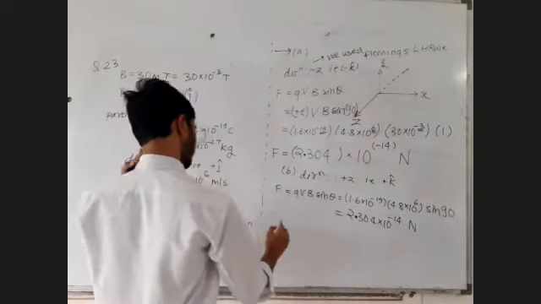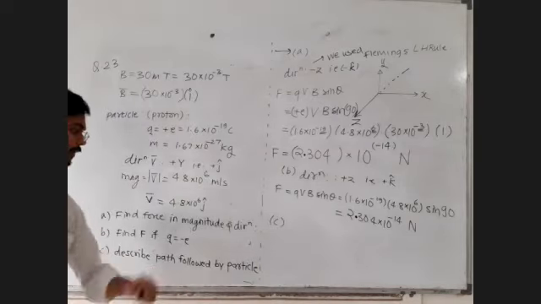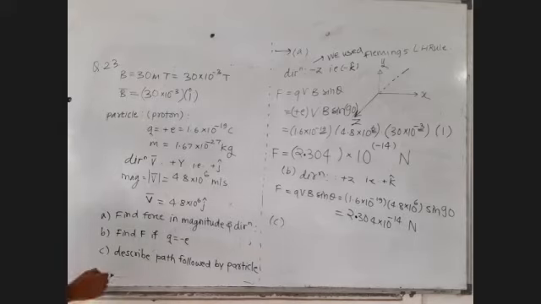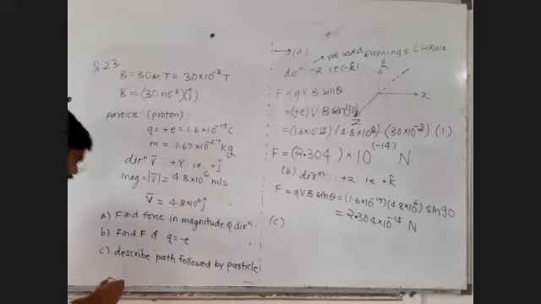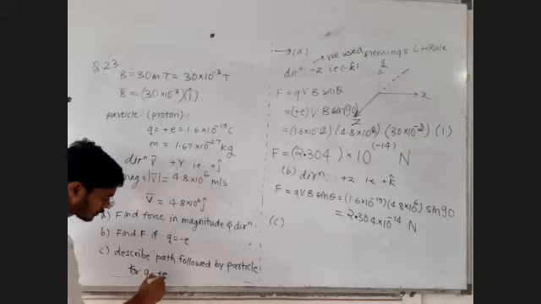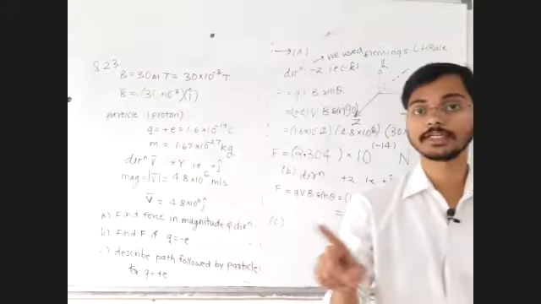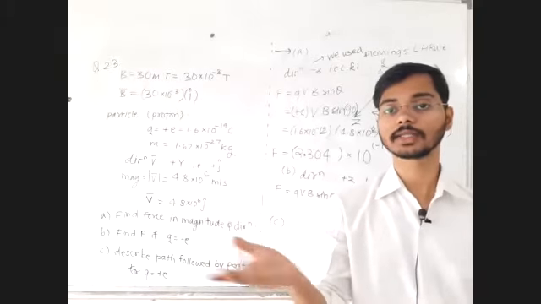Next, bit number C. Describe the path followed by the particle. For which particle, positive or negative, or q equal to plus e? Tell me, if velocity and magnetic field are perpendicular, then what is the path of the particle?